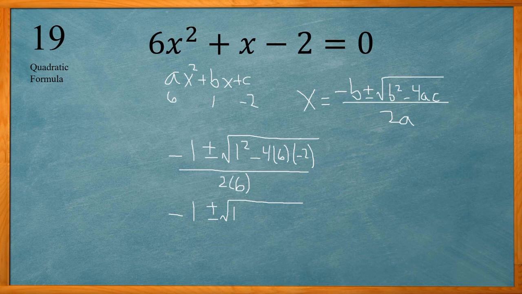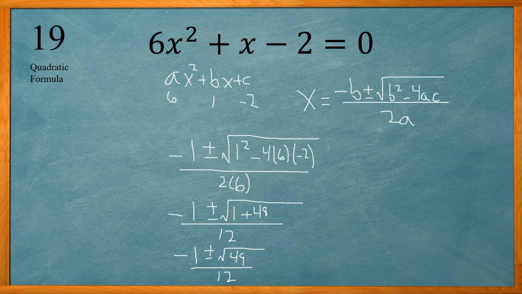I got 2 negatives. 4 is negative, 2 is negative, so it's going to be 1 plus 48. And on the bottom, 2 times 6 is 12. Now if I add together what's inside the radical, that becomes 49. 1 plus 48 is 49, divided by 12.